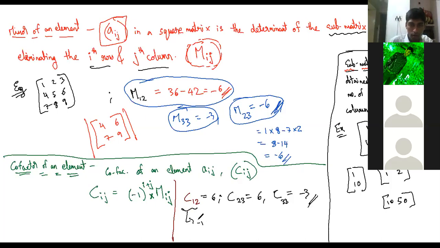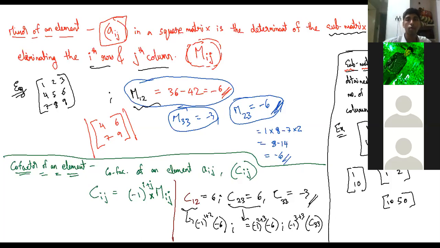This is -1 to the power 1 plus 2 into what is M12? M12 यहाँ है. Similarly, this is nothing but -1 to the power 2 plus 3 into -6. This is -1 to the power 3 plus 3. Okay, that is how we got these three answers. Everyone is clear? Yes, sir.